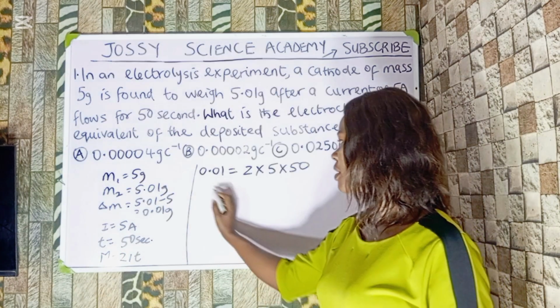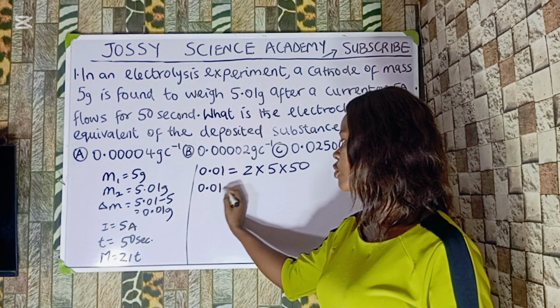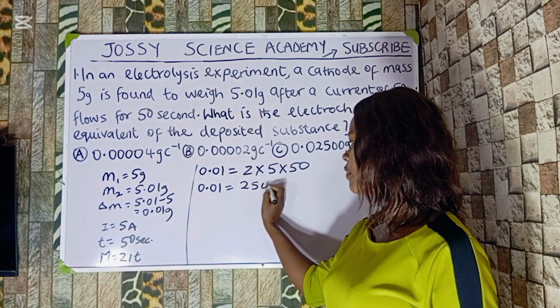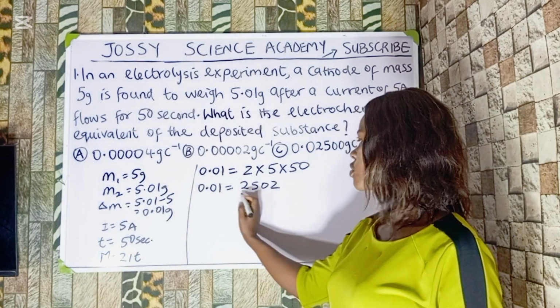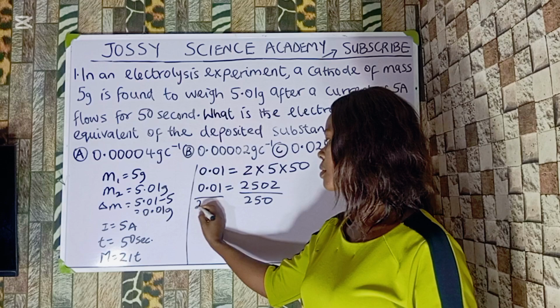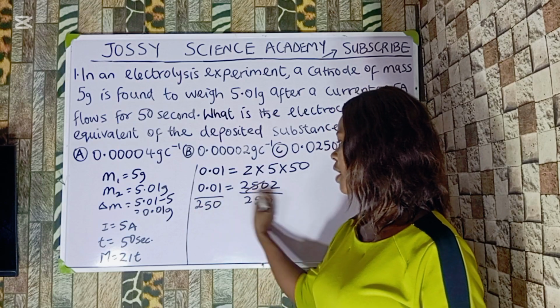Is that clear? Now 0.01 is equal to, if we multiply, 250 Z. So divide both sides by 250, this cancels this.